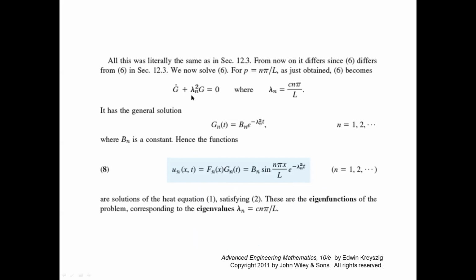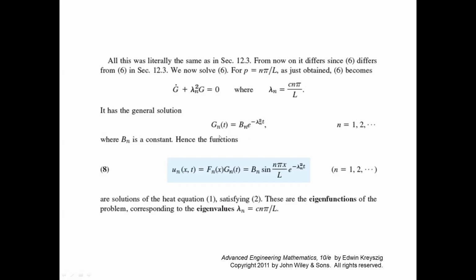We assume all the coefficients can be lumped into lambda n. And this is the first order derivative of G. So we can write its solution. We can integrate only once to get this exponential decay function. Notice lambda n is a positive constant. So that means the temperature will decay over time.